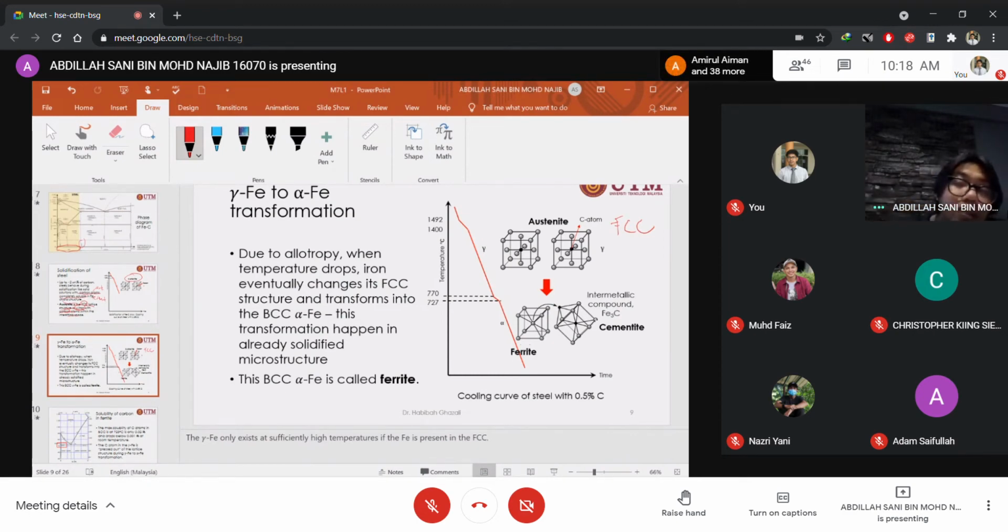This BCC alpha ferrum is called the ferrite.